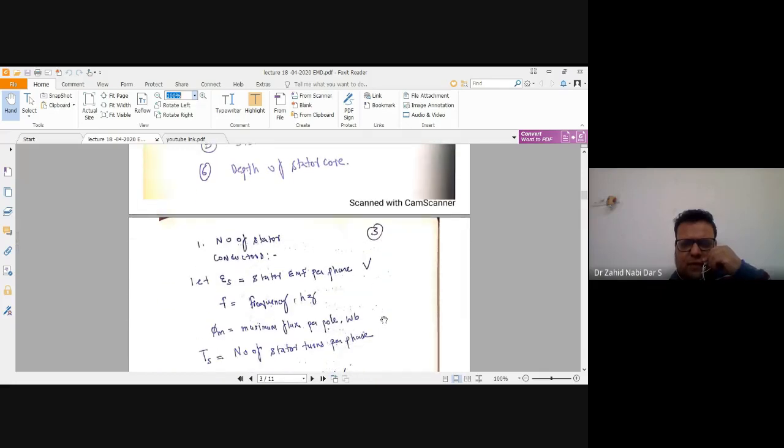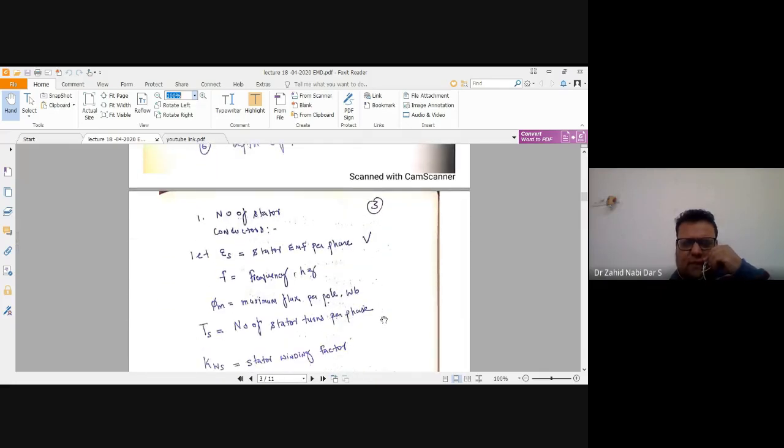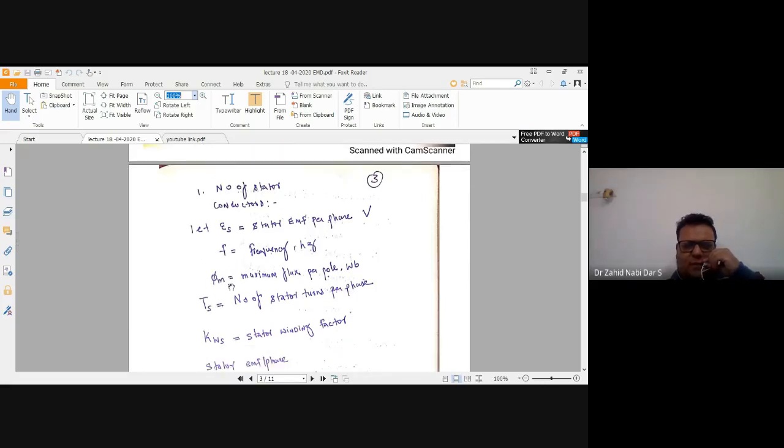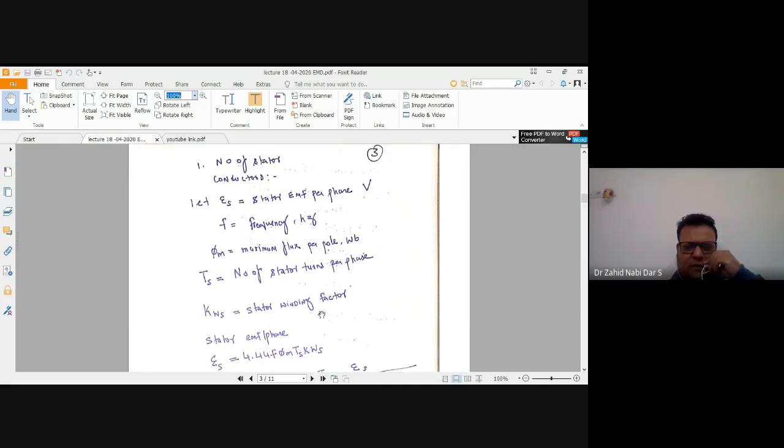To calculate the number of stator conductors, when I was teaching you transformers in class, we derived this equation. Let ES be the stator EMF per phase in volts, and F be the frequency in hertz. Phi m is the maximum flux per pole, Ts is the number of stator turns per phase, and Kws is the stator winding factor.